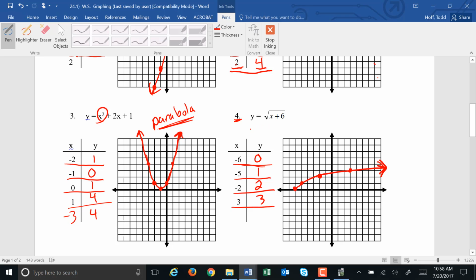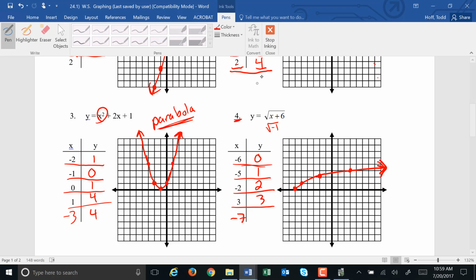If x were negative 6, or sorry, negative 7, what would happen? Well, I put in negative 7 there. What's negative 7 plus 6? Negative 1. What's the square root of negative 1? Your calculator is going to tell you get lost, right? It's an error. With real math, we cannot take the square root of a negative number. So x can never be smaller than negative 6. So that has to stop there.